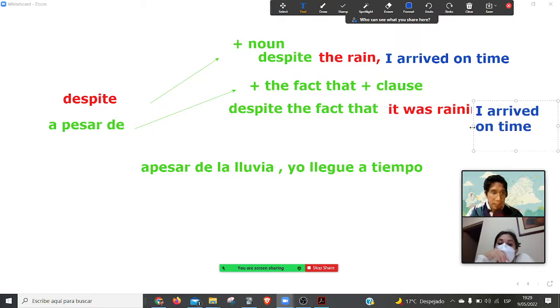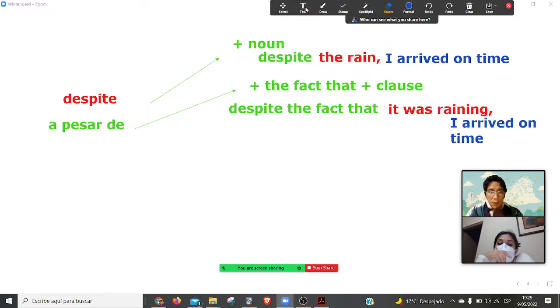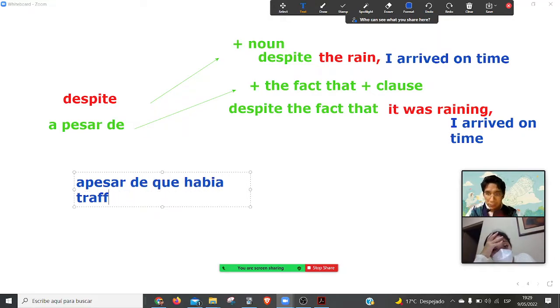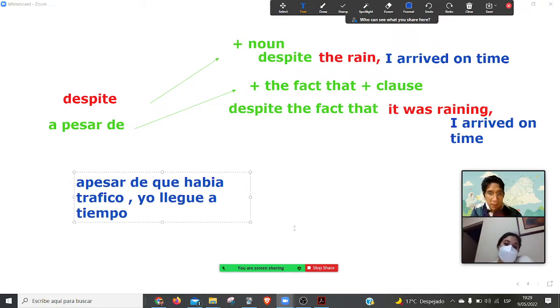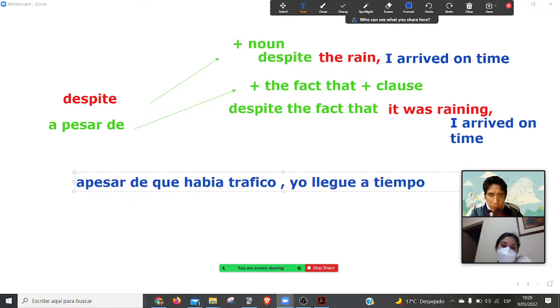Mira, ok, te voy a dar dos ejercicios para que los analices. Focus on this. A pesar de que había tráfico, yo llegué a tiempo. Empezamos con el primero. Quiero que uses un sustantivo.